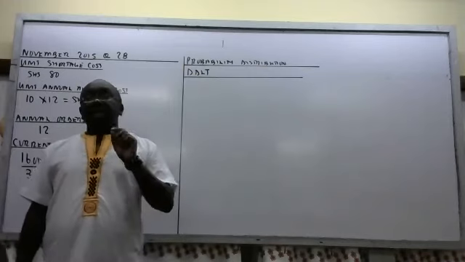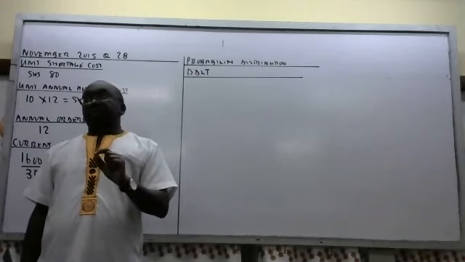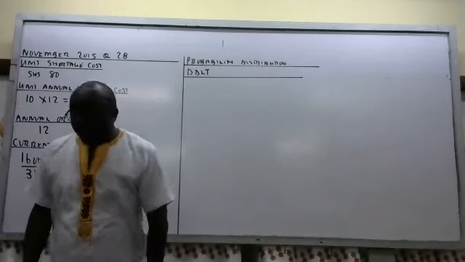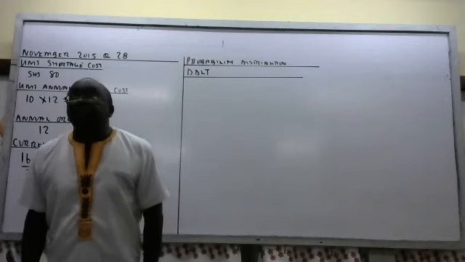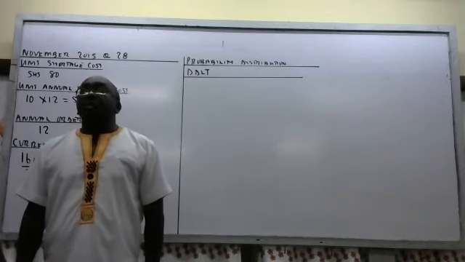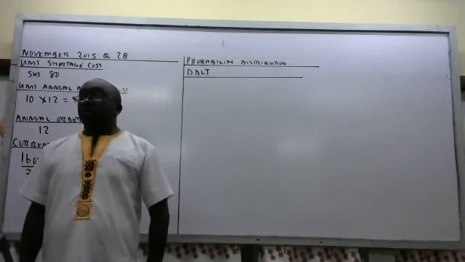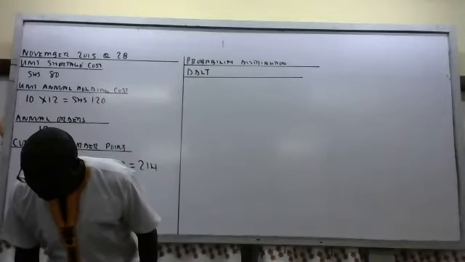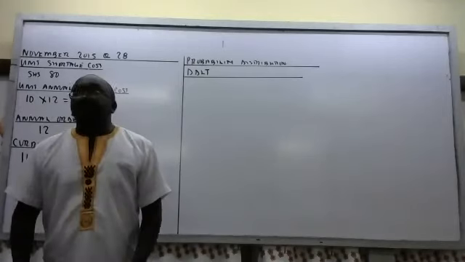This DDLT is demand during lead time. But the demand you have been given here is not for the lead time. It is for a whole month. Is that so? Because you are told for the month of December.